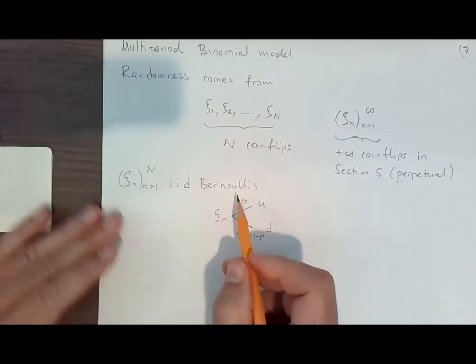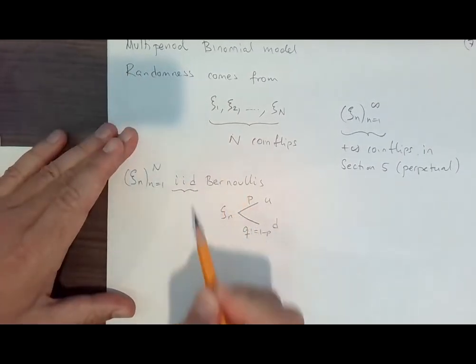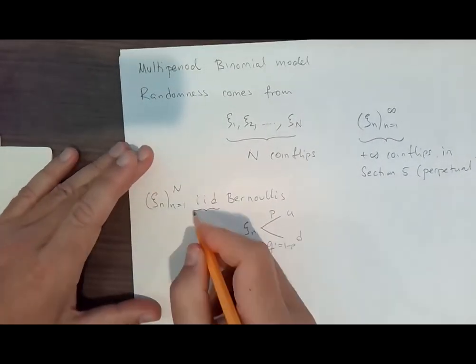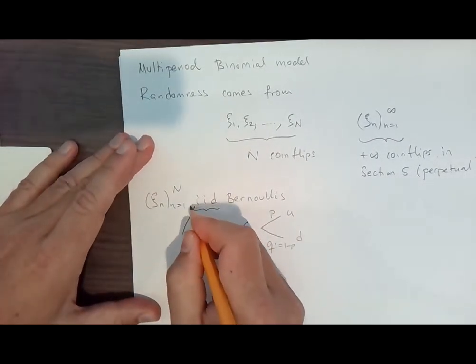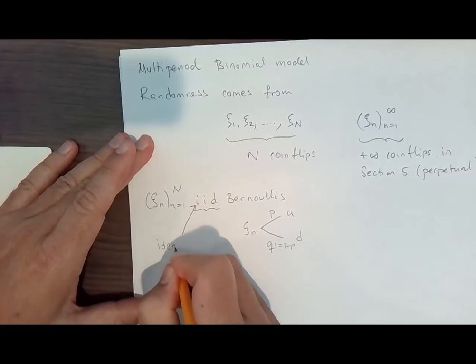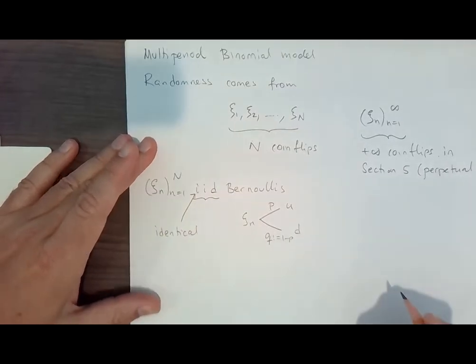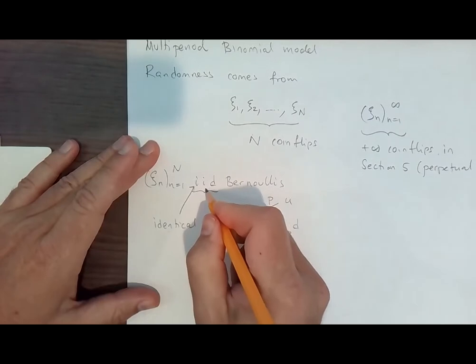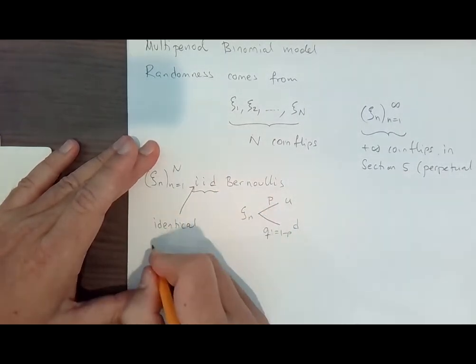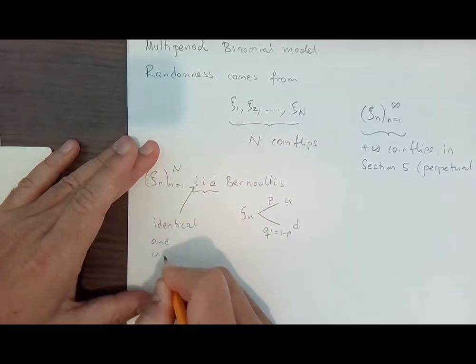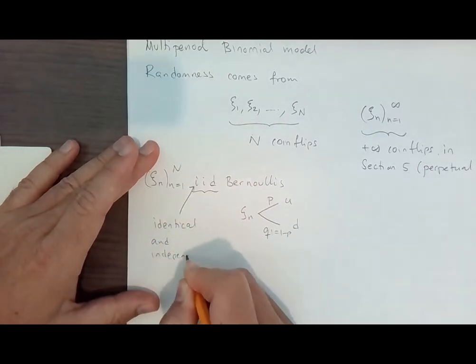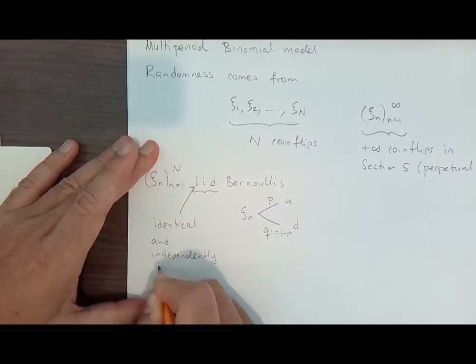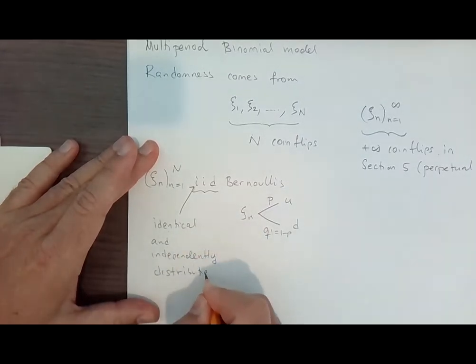So the IID Bernoullis, and what does that mean? Well, the first I means identical, and the last two mean independent and distributed.